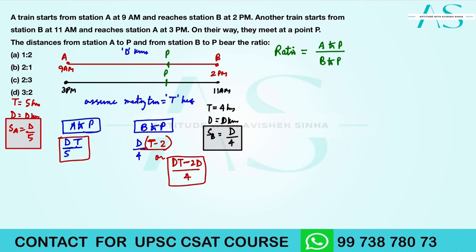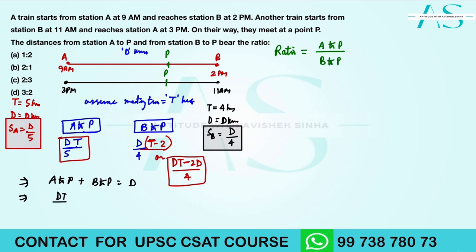Now can you say that A to P plus P to B is equal to d kilometers? If yes, then we have an equation here that A to P plus B to P is actually d kilometers.